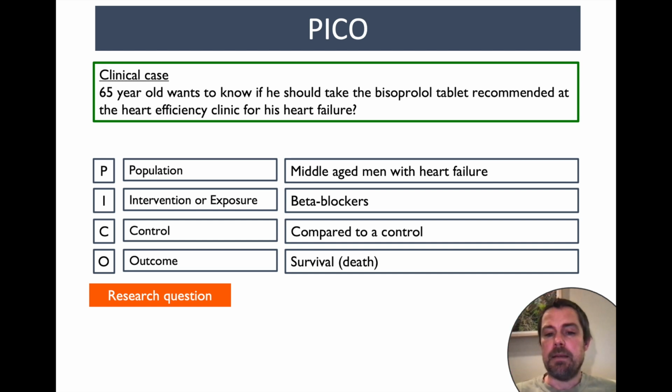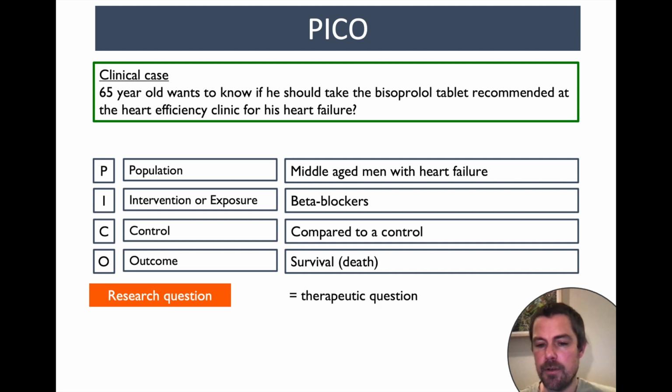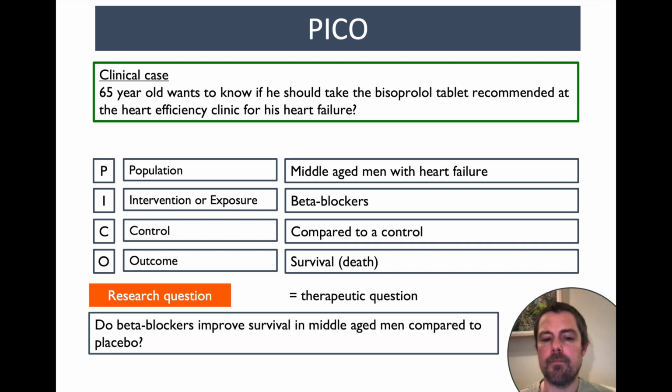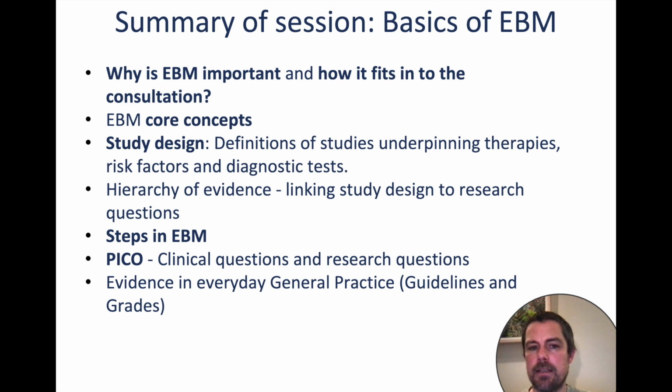The I would be beta blockers. C would be maybe a placebo. O would be mortality. So we also know that this is a therapeutic question, best answered with a randomized trial. So do beta blockers improve survival in middle-aged men compared to placebo? So that is an example of a PICO, or the first A in the 4 steps of evidence-based medicine.